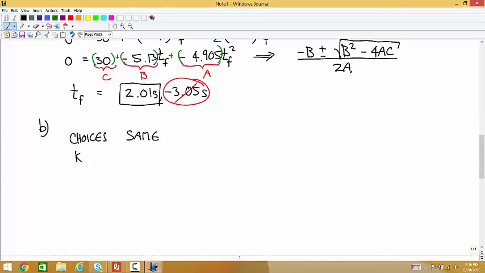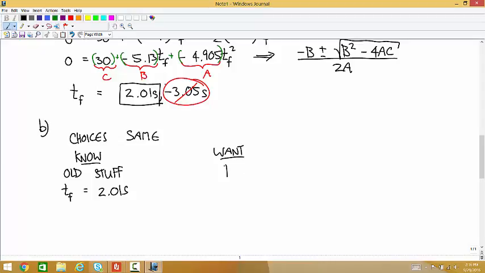So if you think of what we know and what we want, we still know all the old stuff. And we know now also that TF is equal to 2.01 seconds.